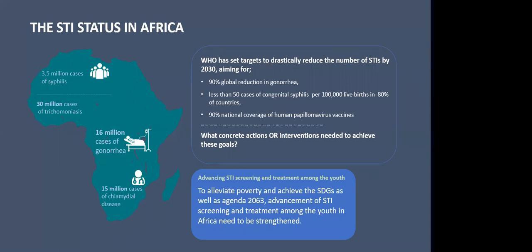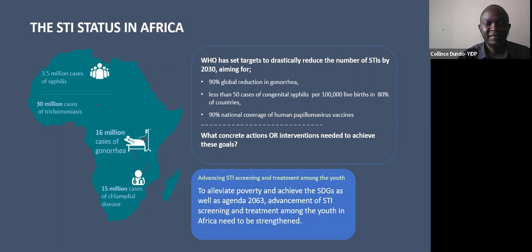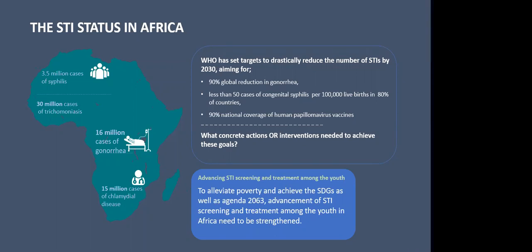Okay, please, karibu. First of all, I may say that this discussion is very important because from where I sit as a clinician working with the key population, most of them are youth. And as we are talking about STIs, when you see an STI presenting in the youth that you're managing, we know that it is one of the things that makes them susceptible to getting an HIV infection.